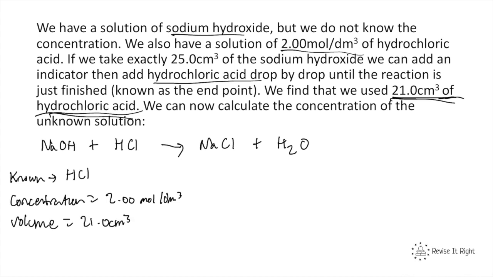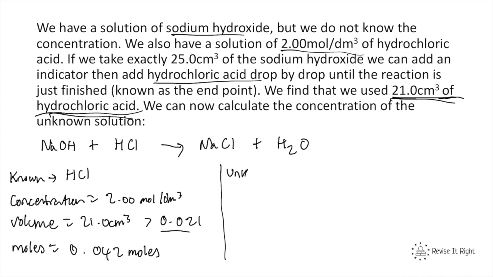And then we need to convert that, so we're going to do 0.021. We've just divided by 1,000, remember. And then we can work out our moles using the equation moles equals concentration times volume. So concentration is 2 times volume, which is 0.021. We get 0.042 moles.